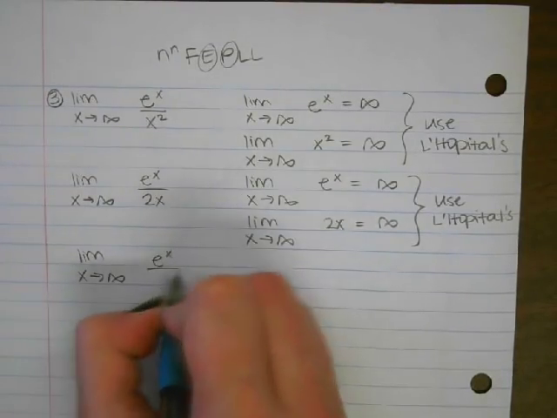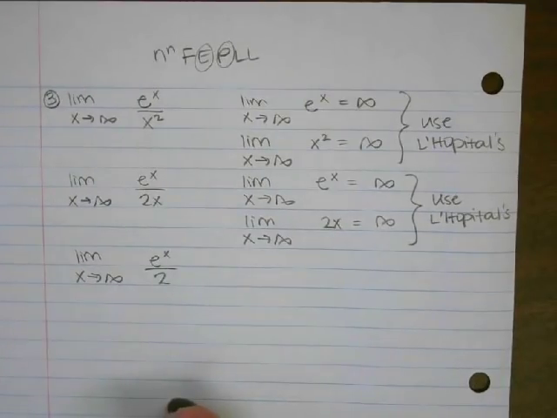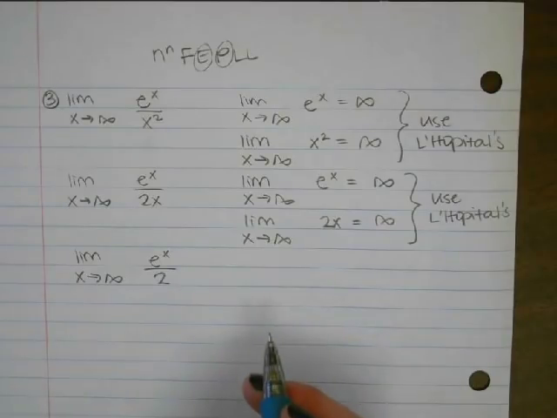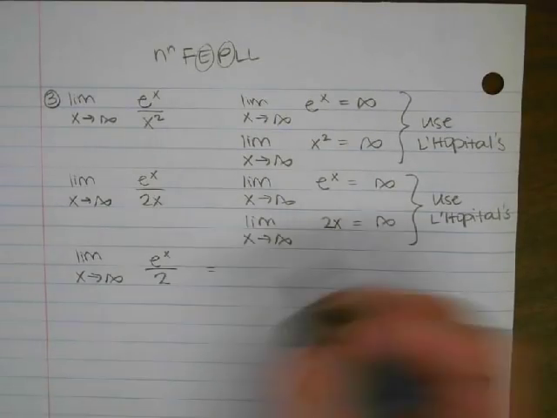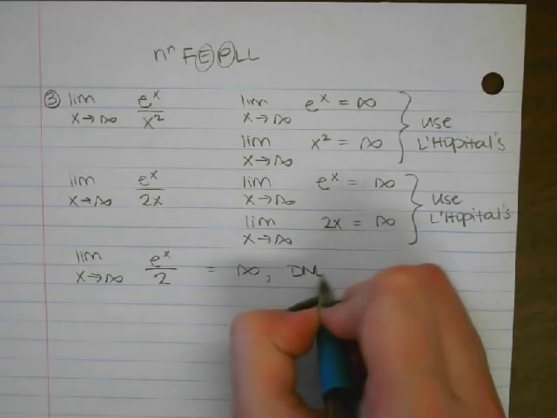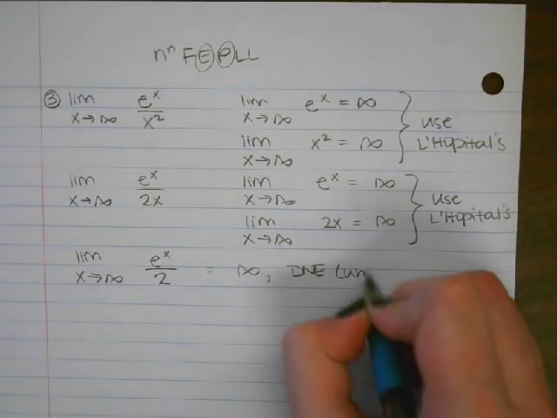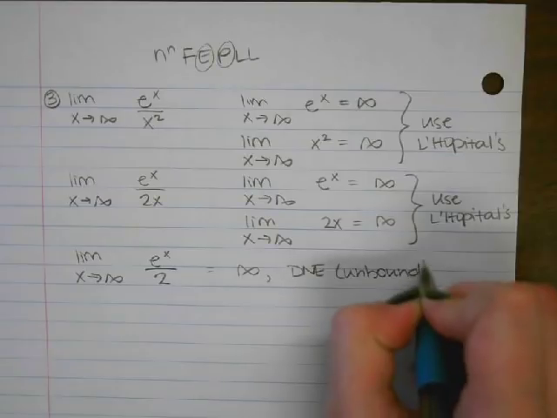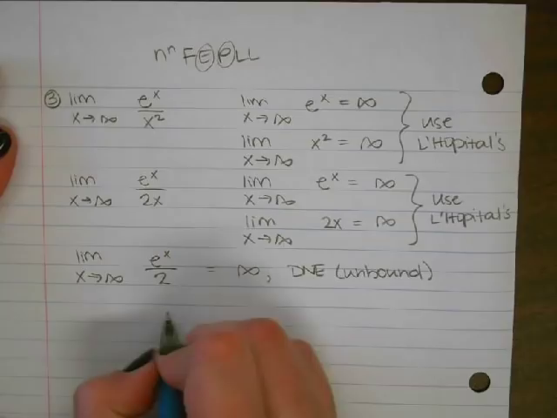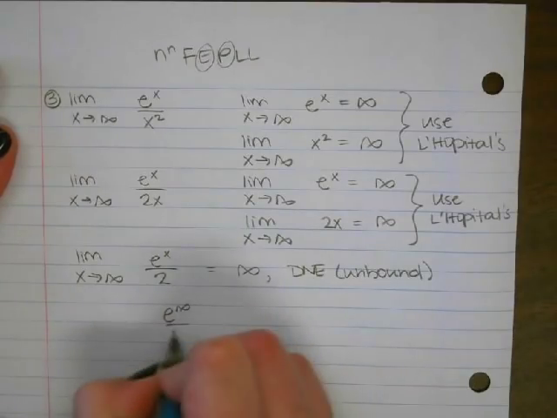e to the x over 2. And this is where if I was to plug infinity on top, e to the infinity is technically infinity. And infinity divided by 2 is still just infinity. So it doesn't exist. It is unbounded. Okay? I had you plug in infinities as you were learning how to work with them, but technically we are never allowed to write e to the infinity divided by 2.